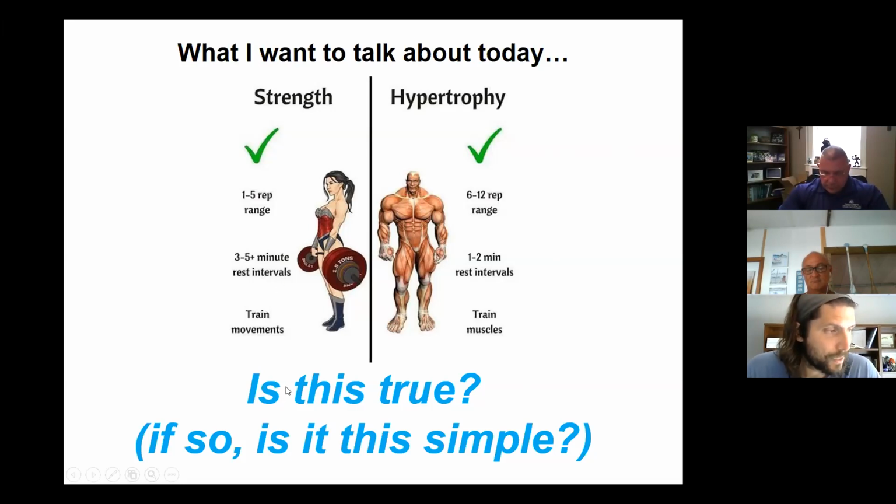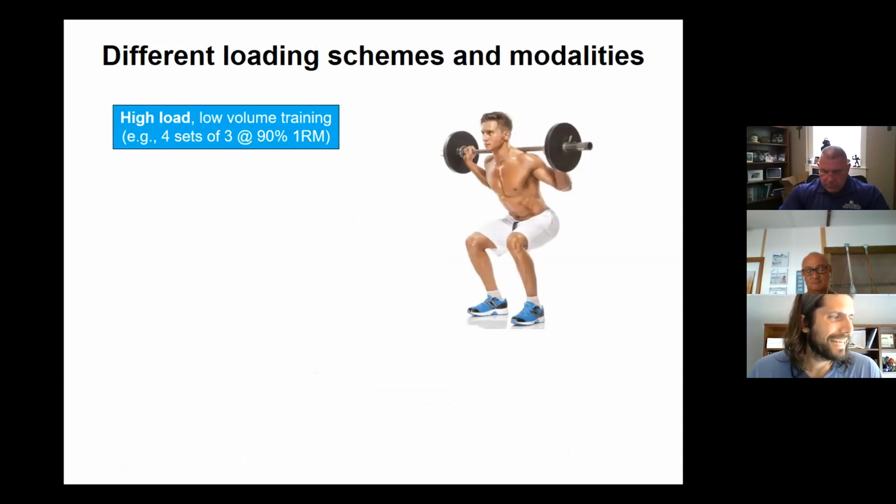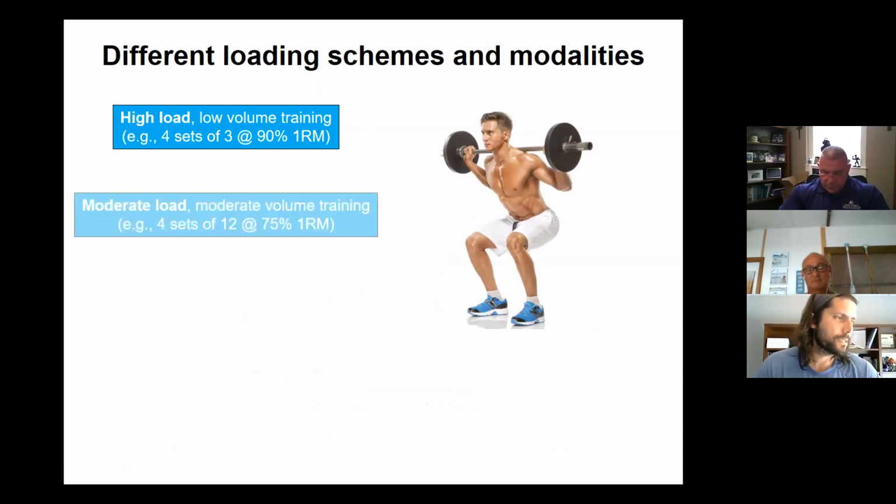What I want to ask today is, does the current evidence back these paradigms up? And if it does, is it as simple as strength training with higher resistance and lower volume, and hypertrophy training with higher volume and lower resistance, right? Is it as simple as that? When I talk to students and when I give conference lectures, I typically define high load training as doing something like 4 sets of 3 at 90% 1RM, although clearly different iterations can exist.